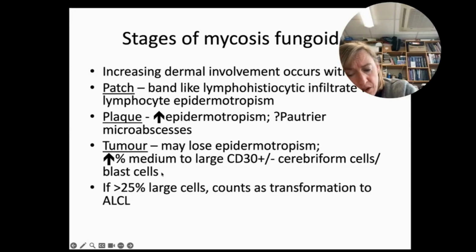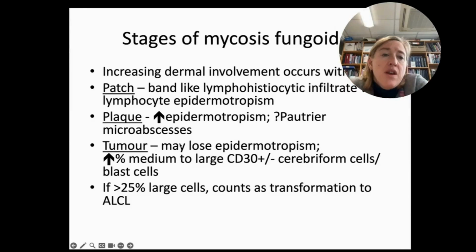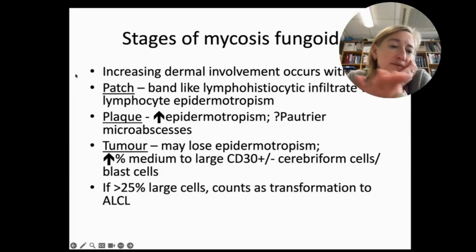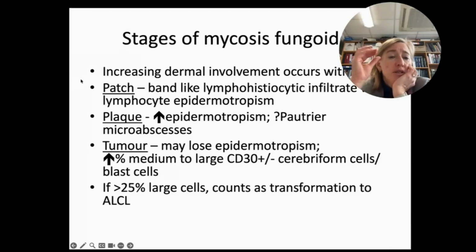So certainly locally, mycosis fungoides is the most common cutaneous T cell lymphoma that we see. That is an unusual condition, which we'll look at the histology of in a moment, but it has three clinical phases. There's a patch phase, and in the patch phase, where it really is very flat and you can't really feel it, but you can see a red patch, you've got a band-like infiltrate of lymphocytes just at the dermoepidermal junction.